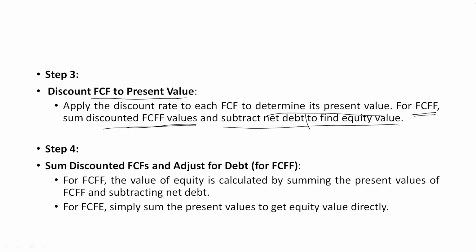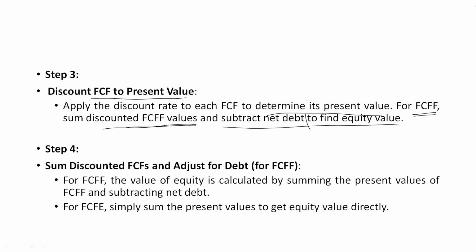I'll take once more. That is the third step is to discount the free cash flow to present value. So how do I do it? I've already determined the discount rate, whether it is weighted average cost of capital or cost of equity.